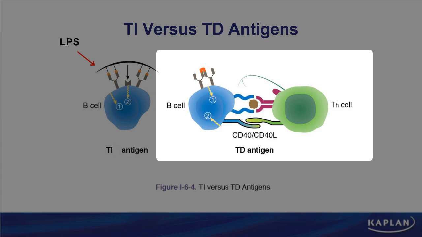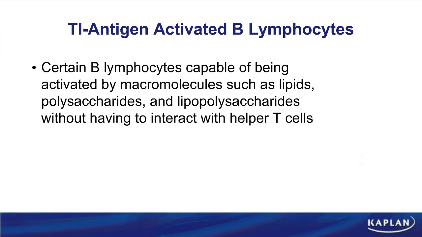So let's look at a couple more details about the independent antigens, and then we will walk through the T cell dependent antigens. So as I mentioned in the previous slide, T-dependent antigens have to be peptides, but T-cell independent antigens could be just about anything because they don't have to interact with the T helper cells.